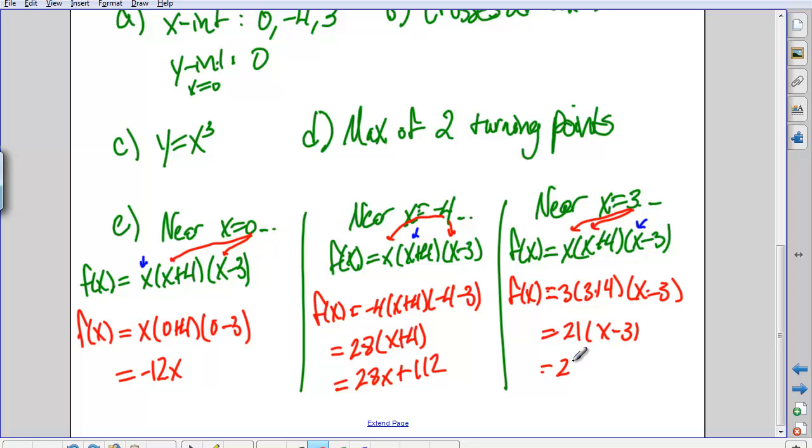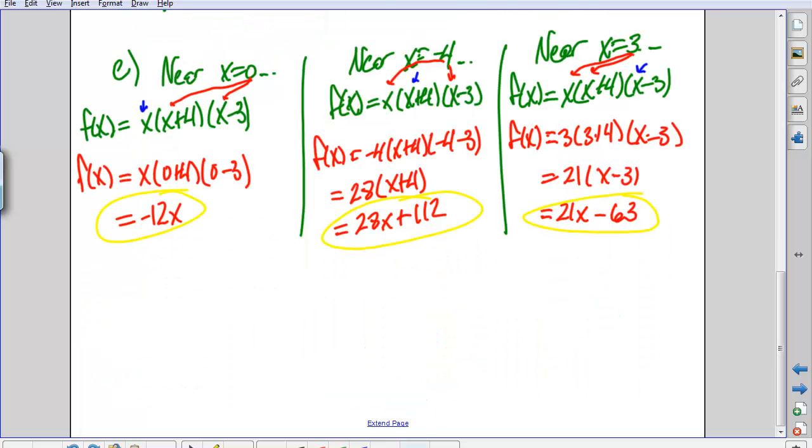So 21x minus 63 would be the behavior near x equals 3. Okay, that's the toughest part of this whole question, is just getting all those behaviors near each x-intercept. But we got them. That'd be these 3 right here.